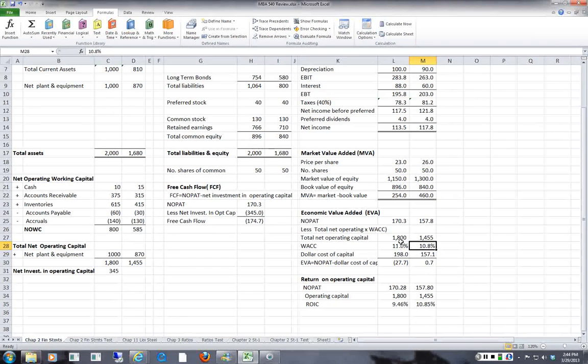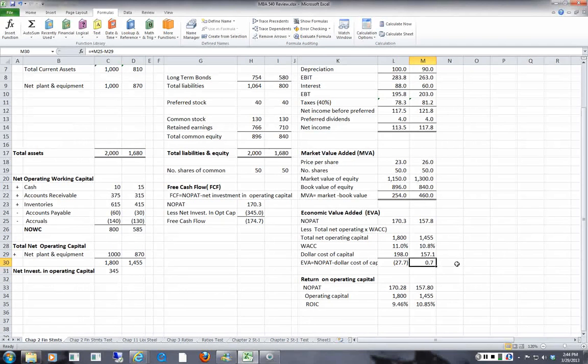So here we got economic value added is NOPAT minus this dollar cost of capital, which is determined as 11% of $1,800,000. So EVA is a negative $27.7 thousand in 2010. In 2009, it's a positive $700,000.